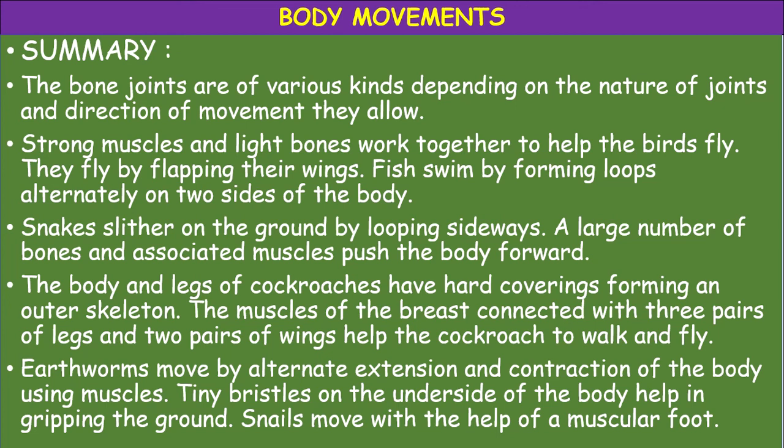The tiny bristles on the underside of the body help in gripping the ground. Snails move with the help of a muscular foot. Okay, children, so we have summarized the chapter also. You read the lesson and do the activities that will help you to understand the concepts.